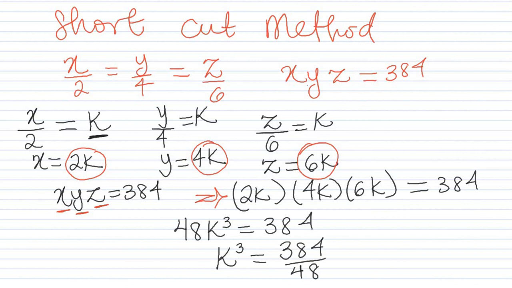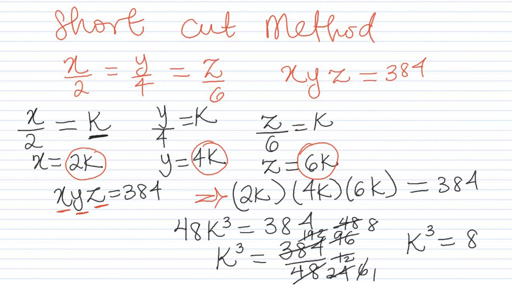Let's start by breaking it down using the value of 2 because it's easiest. 384 divided by 2 is 192, divided by 2 is 96, divided by 2 is 48, and so on. Divide by 6 and we get 8. So we end up with k cubed equals 8.